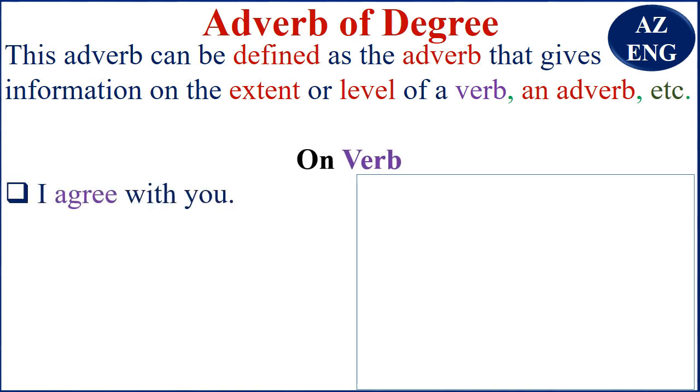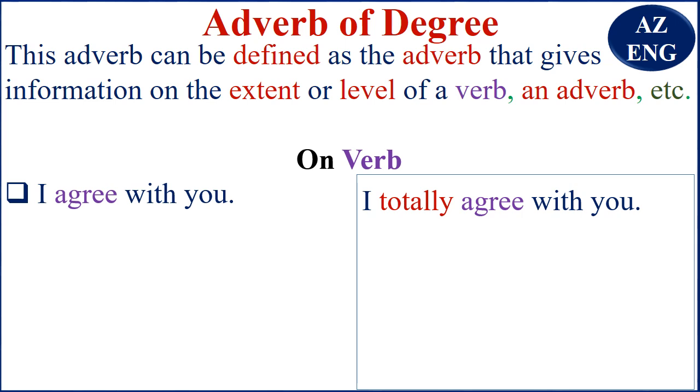Now, for example, when I say, I agree with you: I is a pronoun, agree is a verb, with a preposition, you a pronoun. So there isn't an adverb here. So I'm going to use an adverb of degree now.